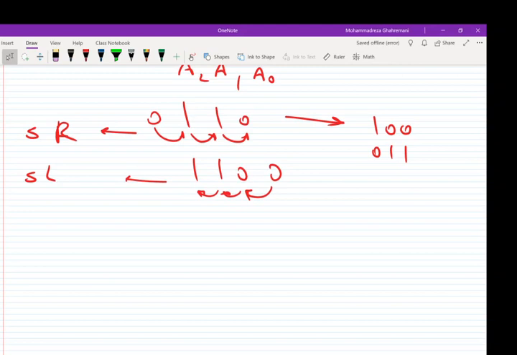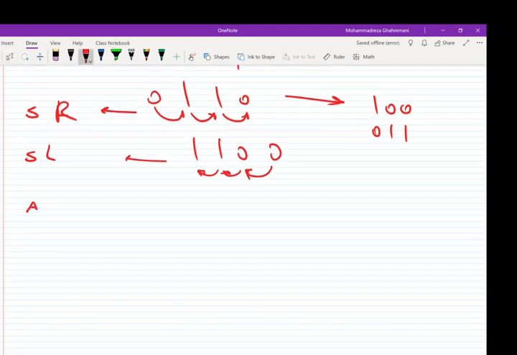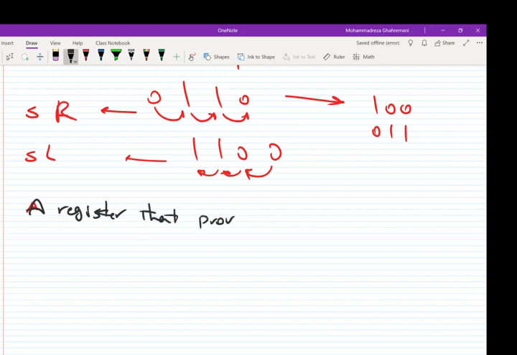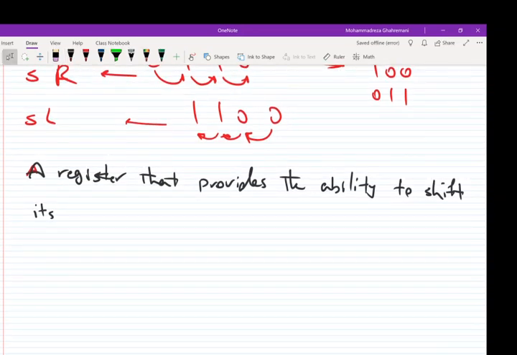So let me write the definition. We can say a register that provides the ability to shift its contents is called a shift register.